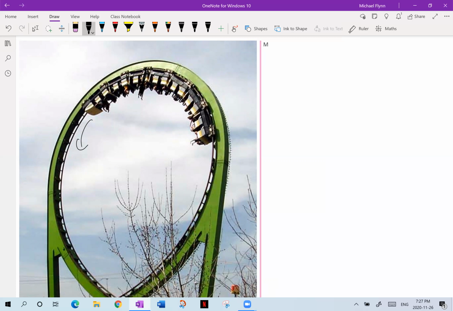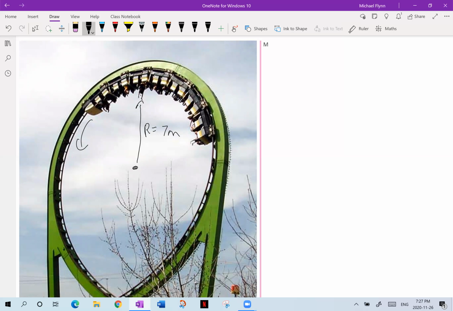Let's say that the radius here is approximately 7 meters. Okay, so we'll go with a 7-meter radius track.